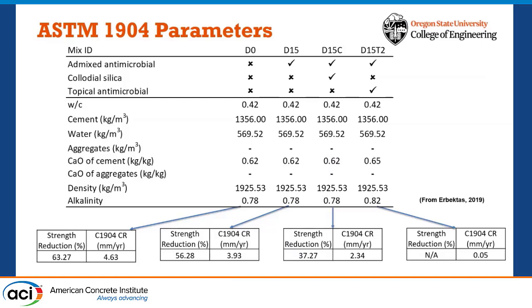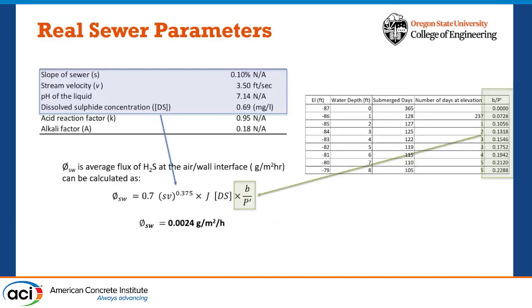For D15T2, we have both admix and topical antimicrobial. You can see the corrosion rates and strength reduction at the bottom. So for the samples without antimicrobial, we have the highest corrosion rate. It decreases with the admix antimicrobial, and we have almost zero corrosion rate for the topical.